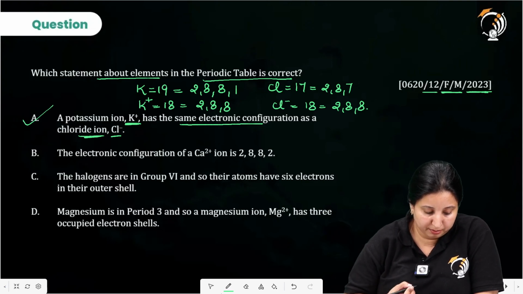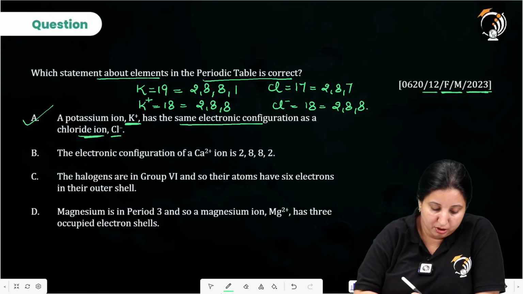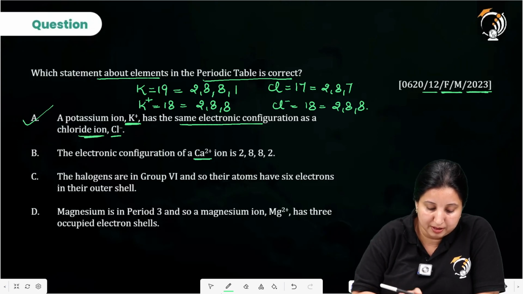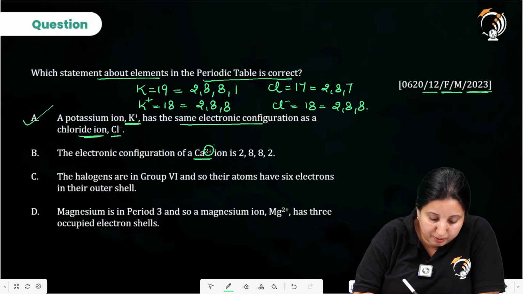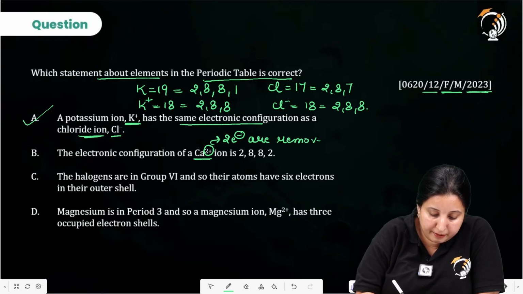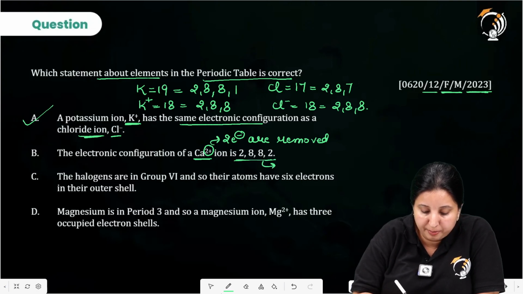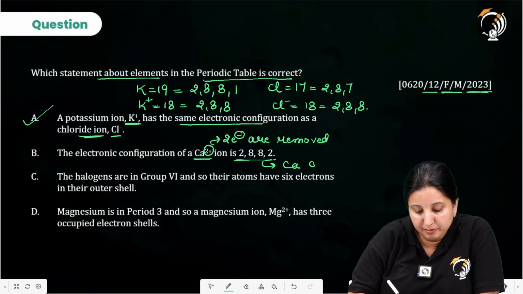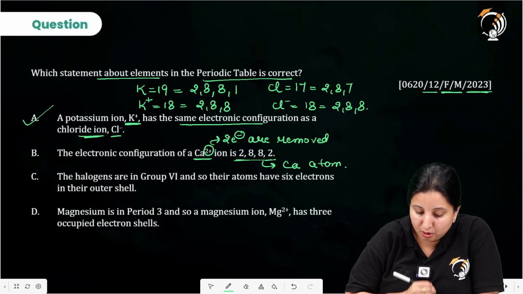Coming to the B part, let's check other parts also. Configuration of Ca2+. Now look over here, this 2+ means that 2 electrons are removed, and this particular configuration represents the calcium atom, not the ion.